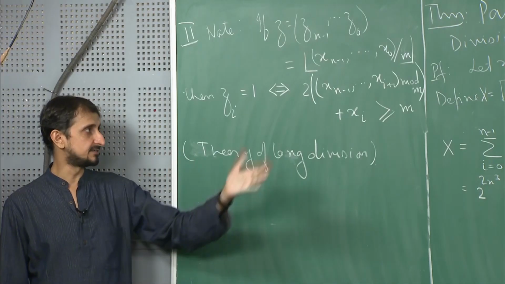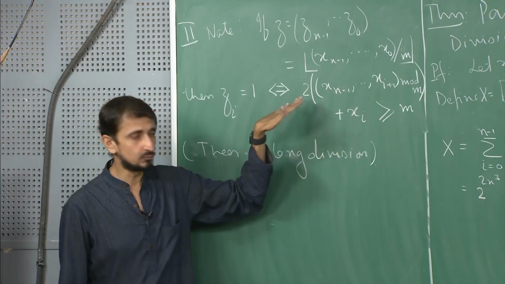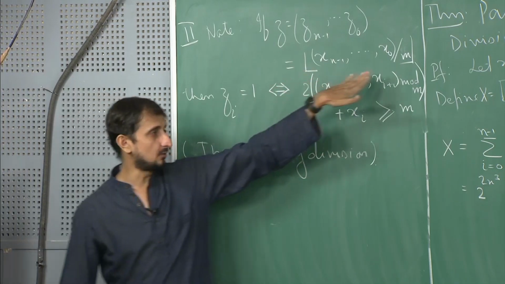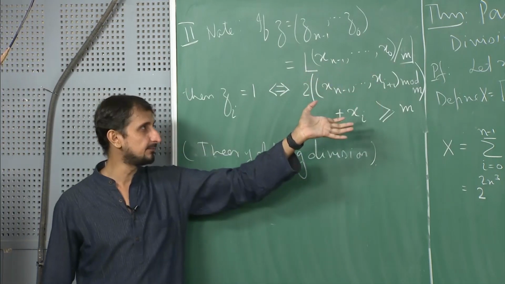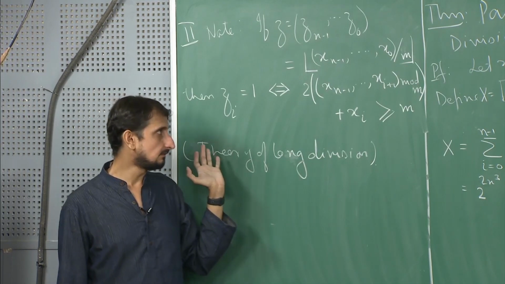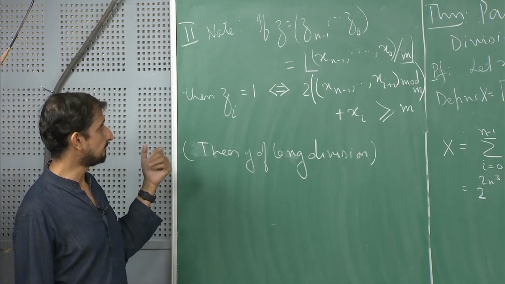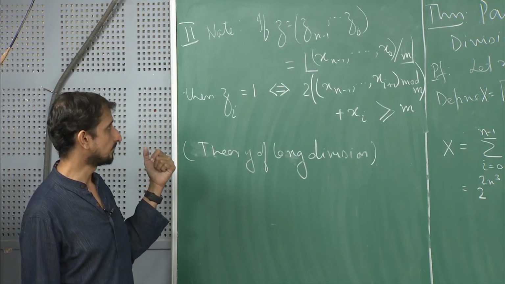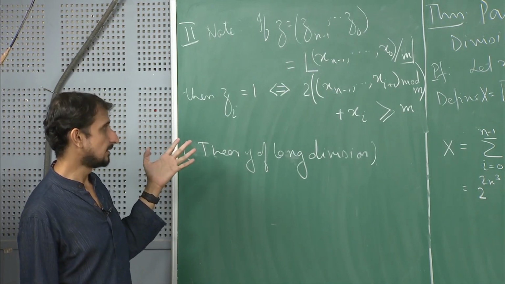So when I am doing long division, let us say I have a number x_{n-1} to x_0.